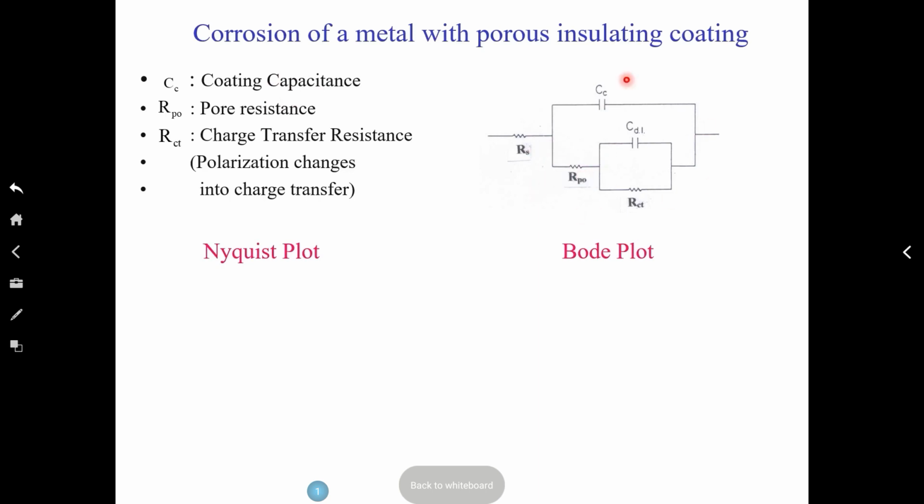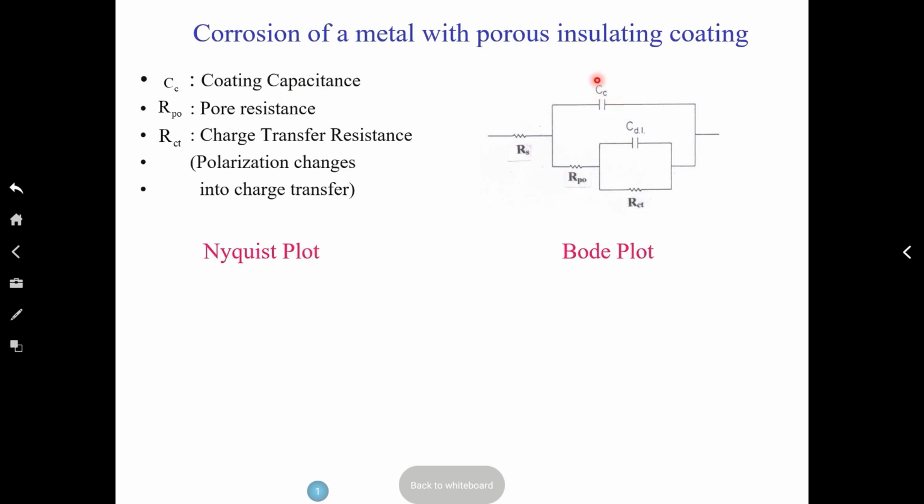So the corrosion community is using this circuit to get the data. But mathematically, you could use a different circuit. They actually verify whether some of these elements are meaningful. For example, they can change the coating.